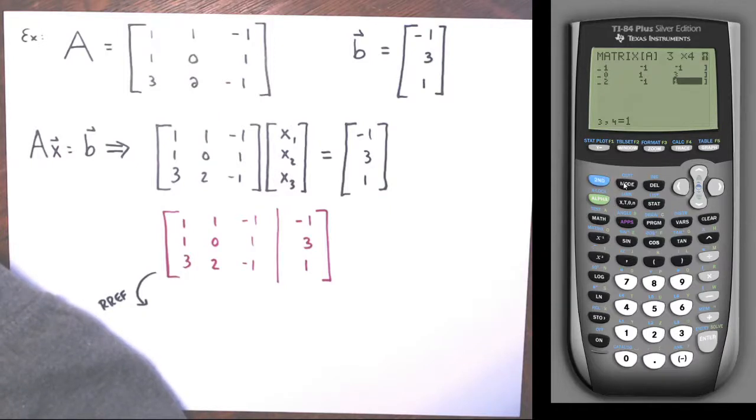Then get out of here, go back to the matrix menu, over to math, RREF, and then the matrix A that I put in.